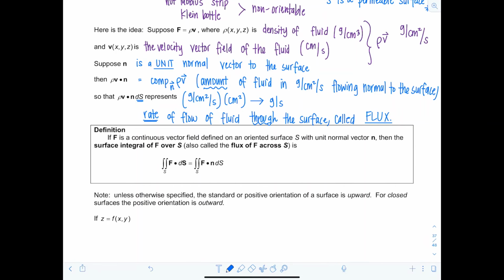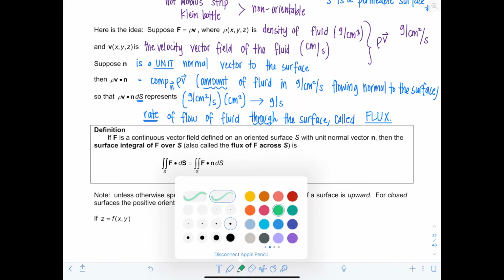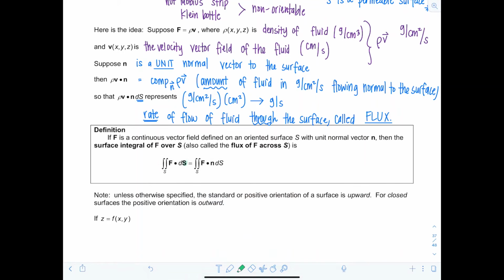So you would have the surface integral of F dot dS, now notice here, be careful, this S is a bold-faced S, meaning it's a vector quantity. But then if I take F dot n and integrate with respect to S, dS is no longer a vector quantity. It's just your surface integral. And you can represent flux with capital Phi.